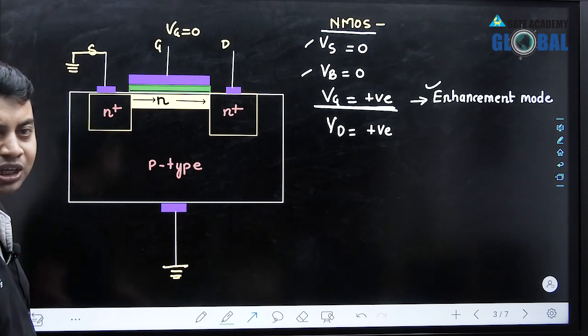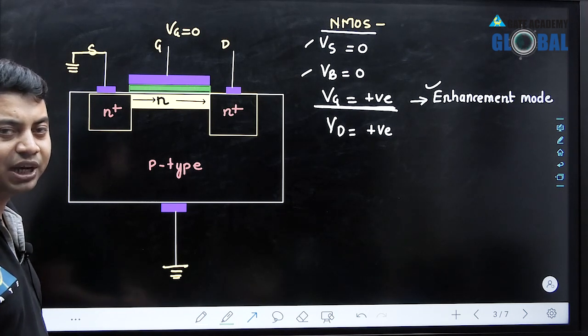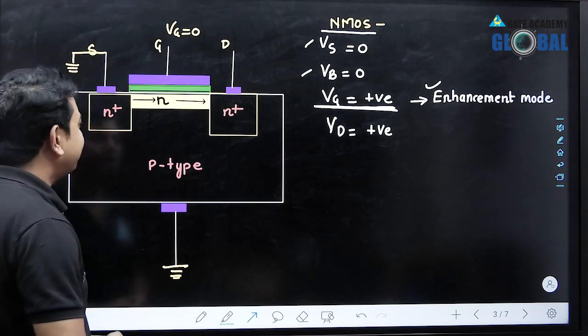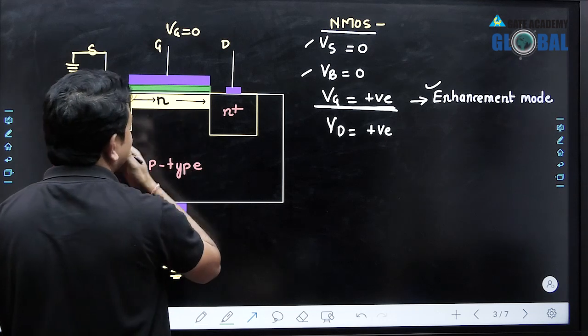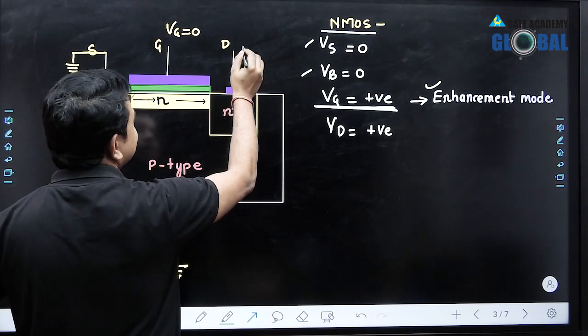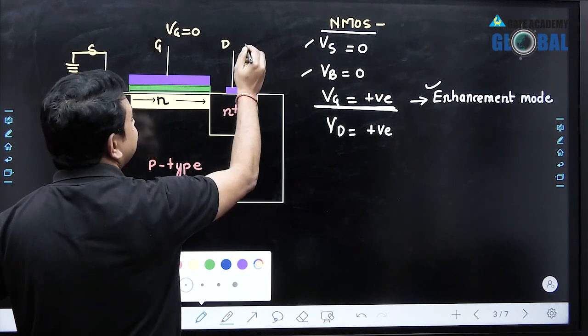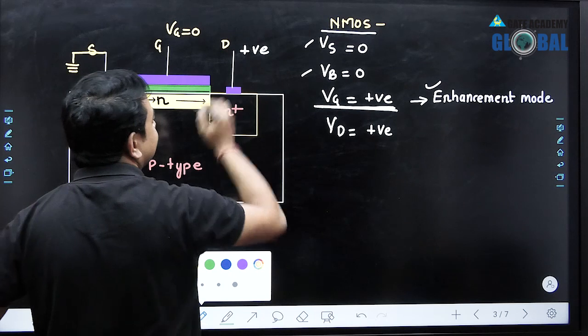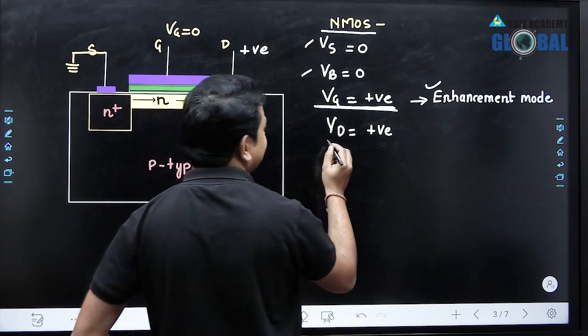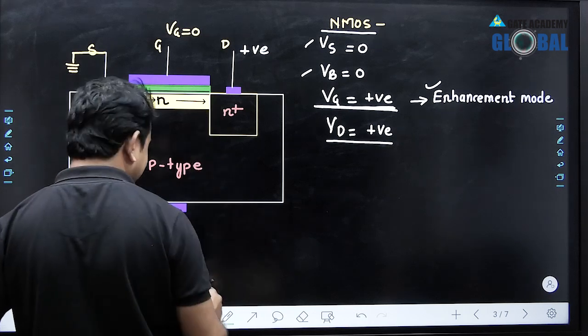This is the main part in deciding which voltage is applied at the drain terminal. So if the channel is made up of electrons and I want to attract the electrons, then I must apply a positive potential at the drain terminal, because this positive potential will attract the electrons.